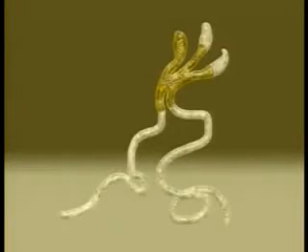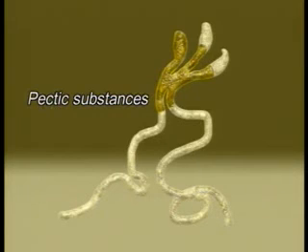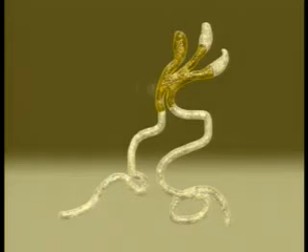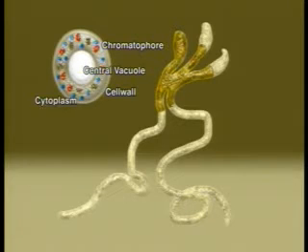The filament is weak, thin and inelastic. It consists of an inner layer of cellulose and an outer layer of pectic substances. Inside the cell wall, there is a layer of cytoplasm containing cell organelles.